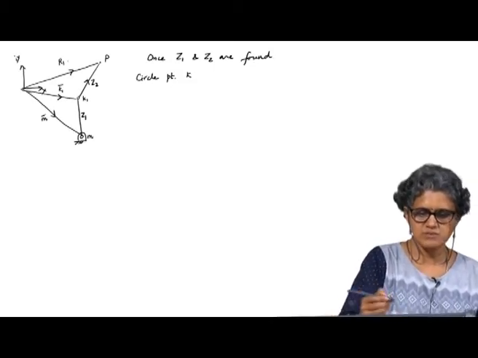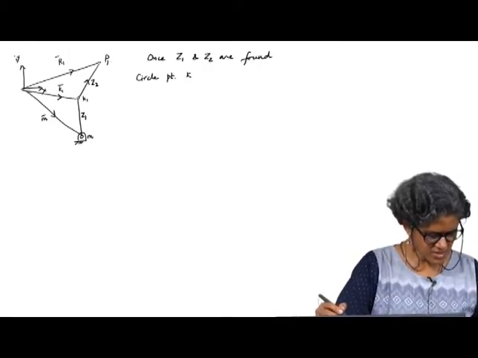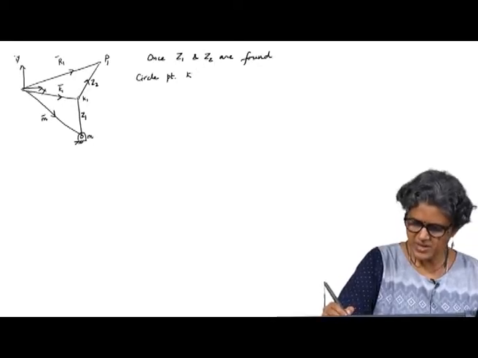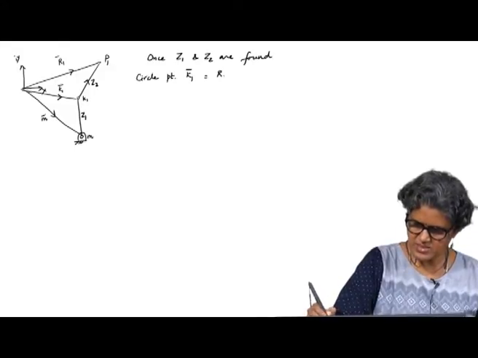My first position, my first precision point, this should be P1. So, circle point K1 is defined as R1 minus Z2.